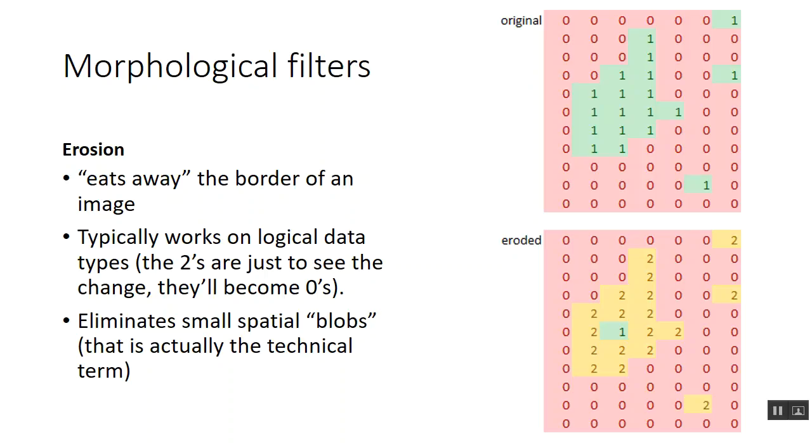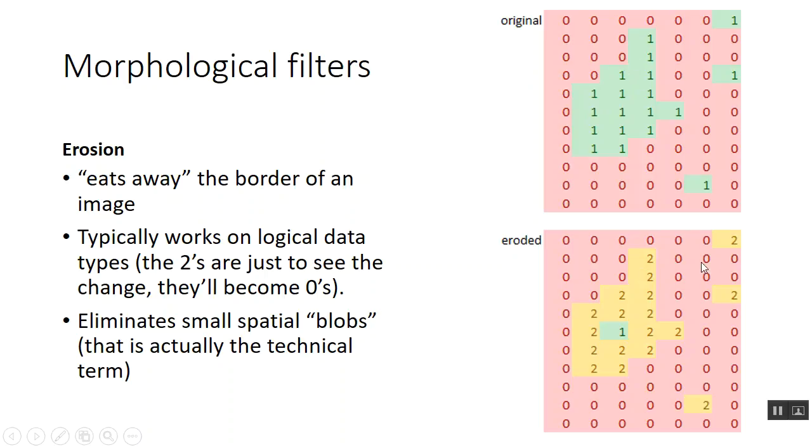Okay, so at top we see it's just zeros and ones, and I color coded it so that you could see better what was happening. Basically, what's going on is the outside, if there's any cell or any pixel that's touching red, that becomes red itself when you erode.